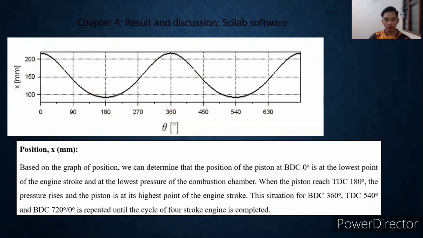And every time it hits 180 degrees of the top dead center, the piston head will be subjected to high pressure and high temperature due to the compression stroke and also the power stroke.